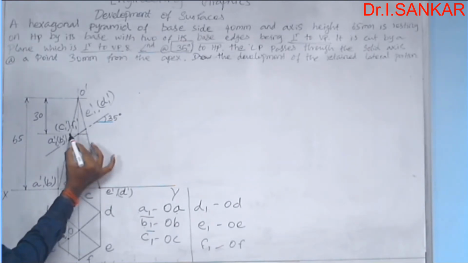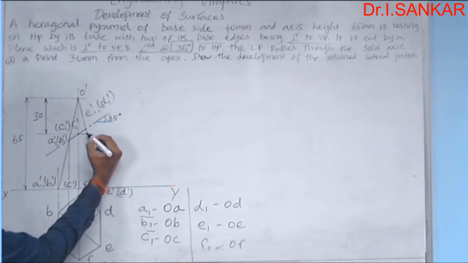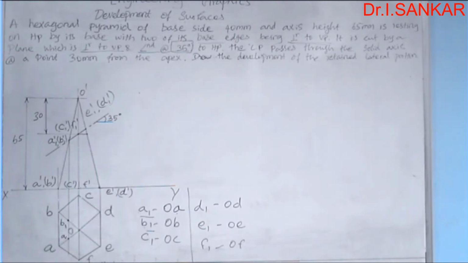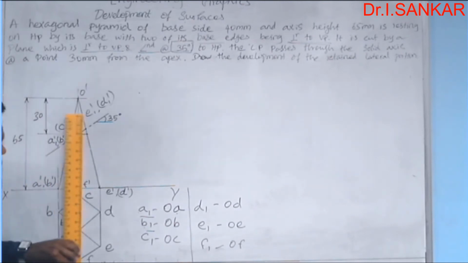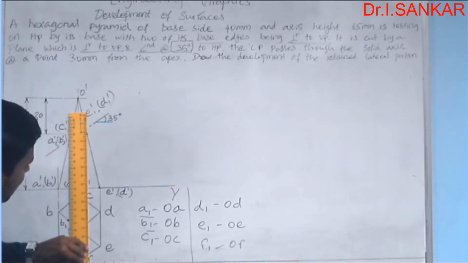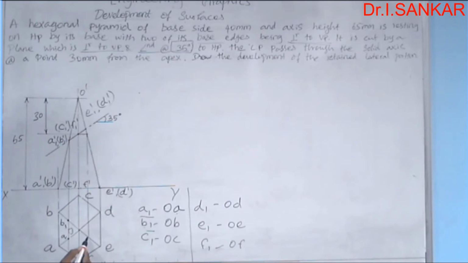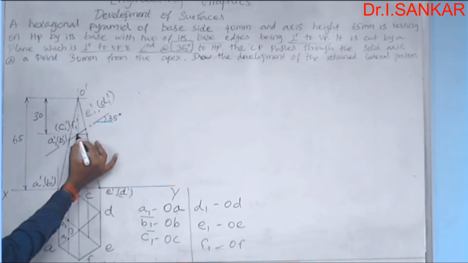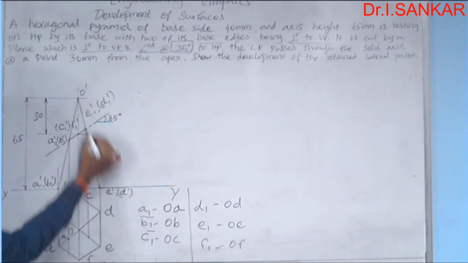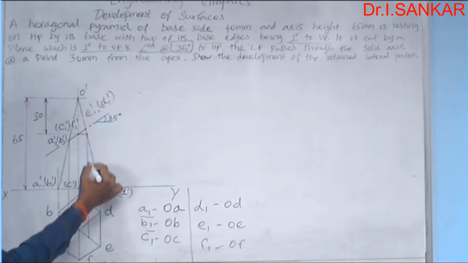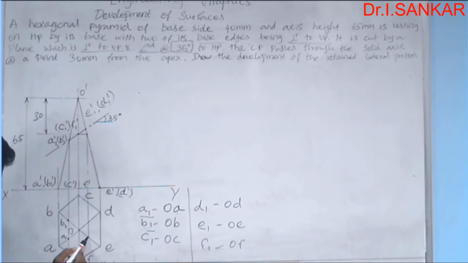Now I am transferring this C1 and F1 in a horizontal way towards the extreme slant edge. See here, I just draw a horizontal line from this C1 F1 towards the O dash E dash. Here I marked a point. Now project this point to the OE edge in the top view. Since I picked it with the edge O dash E dash in the front view, I have to drop it in the OE of top view.